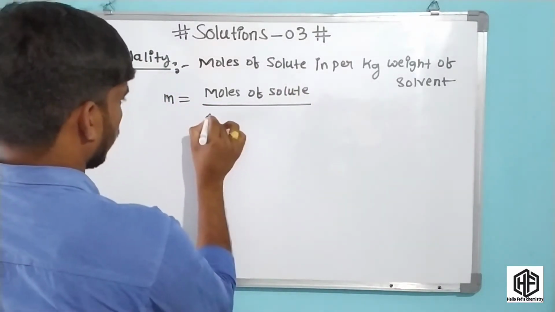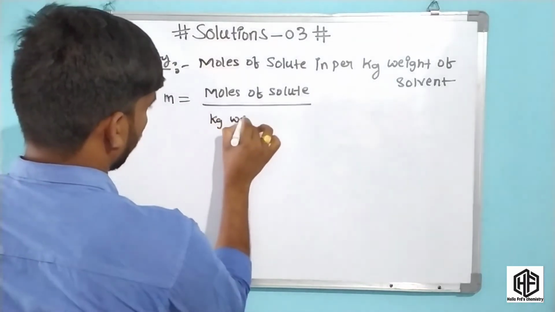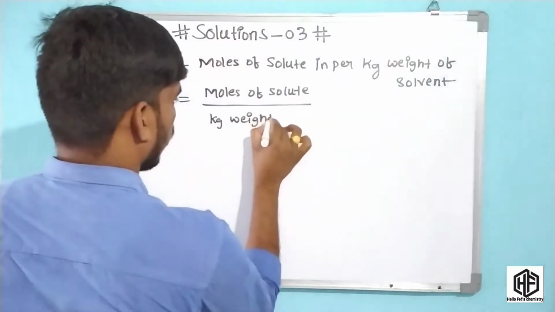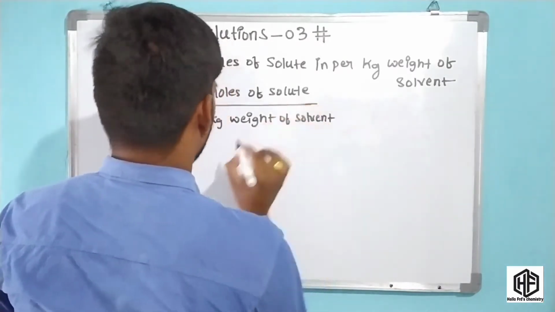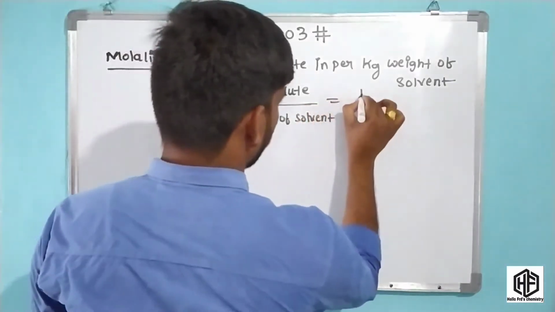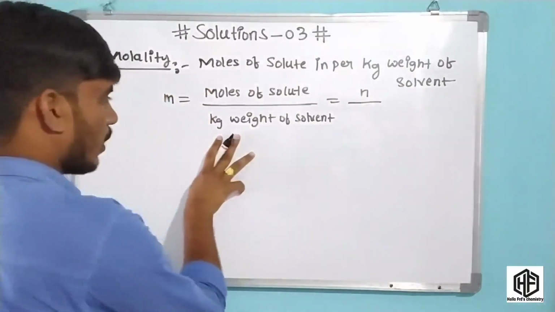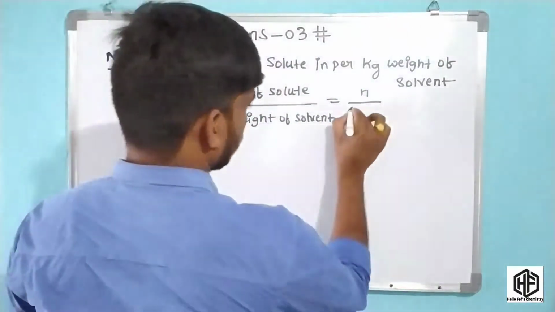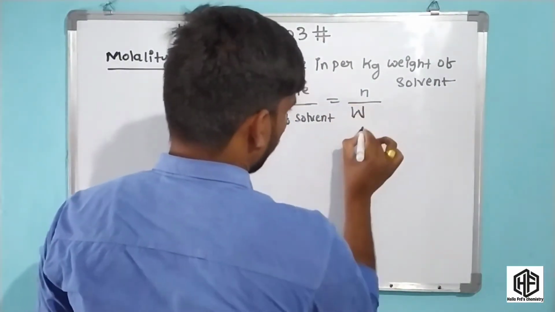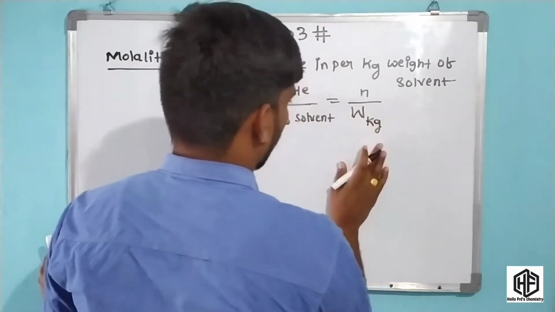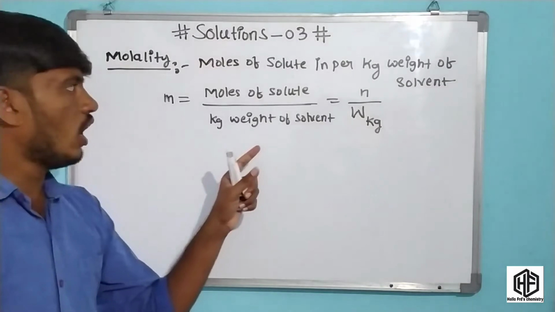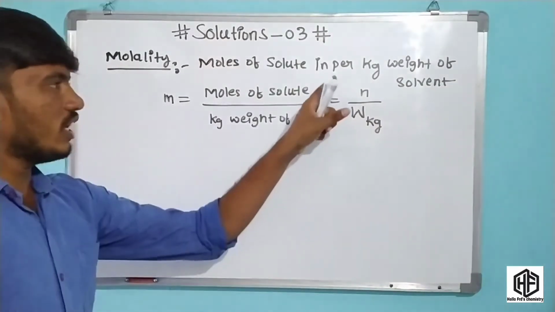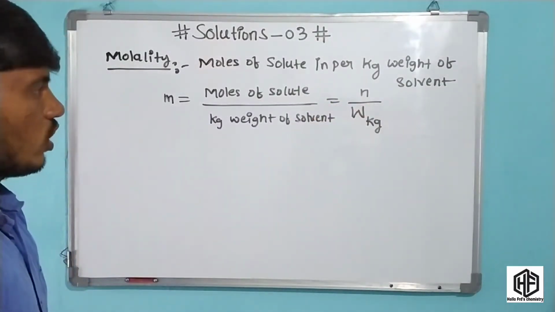The number of moles of solute is represented by n, and the kg weight of solvent is represented by capital W. Molality is the moles of solute per kg weight of solvent.